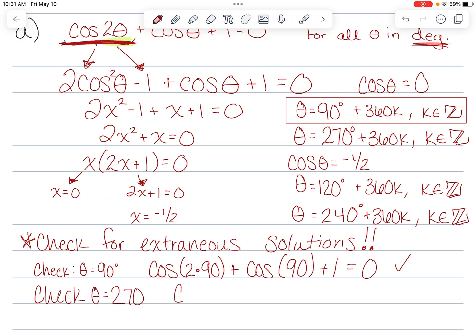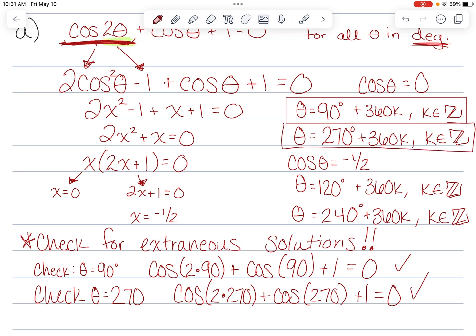Check theta equals 270. Cosine of 2 times 270 plus cosine of 270 plus 1 equals 0. Type it into my calculator. Yes, it's 0. No, you don't have to write out what I'm doing here at the bottom, writing the check. You just have to make sure you check them all.